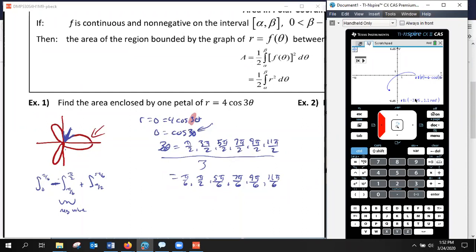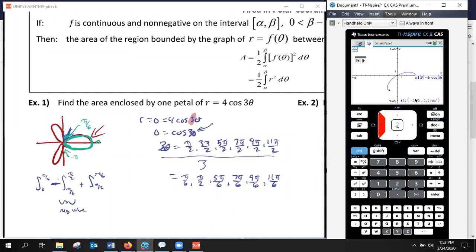But my goal is, hey, we just want to find one petal. If we want to find one petal, let's figure out the most efficient way of doing this. One petal, this kind of goes back to a lot of the questions that people had yesterday. If I look at this petal, which I'm highlighting in the teal color, it's going to be efficient if this is theta equals 0, and then this angle right here is theta equals pi over 6.